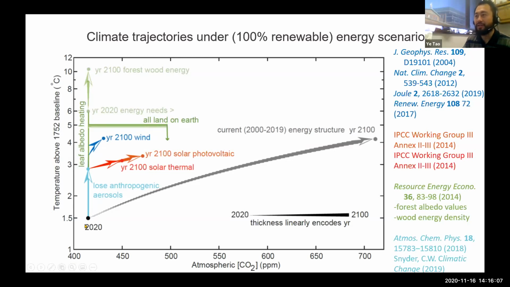So we know that losing this anthropogenic aerosol guarantees a rise in temperature between 1 to 2 degrees Celsius. And we actually have a more than 90% confidence interval that it will be somewhere between 1.8 to 4.5 degrees Celsius. Of course, all that temperature rise will not materialize overnight.